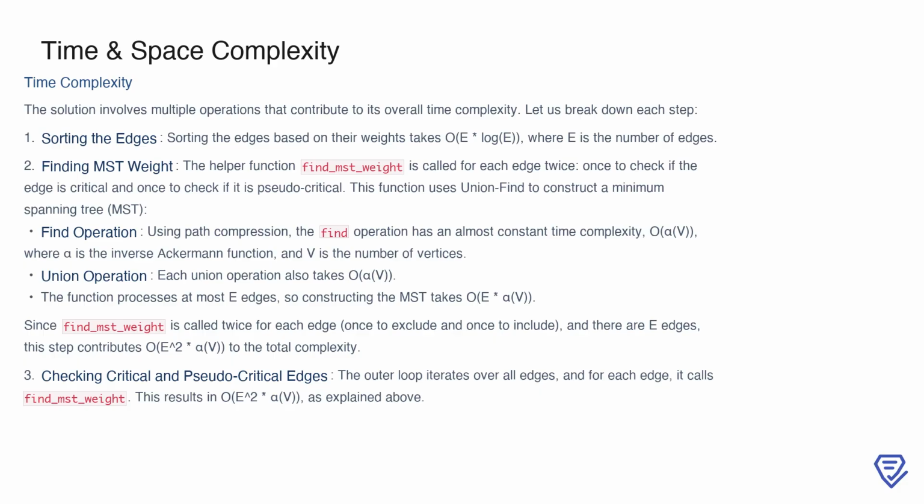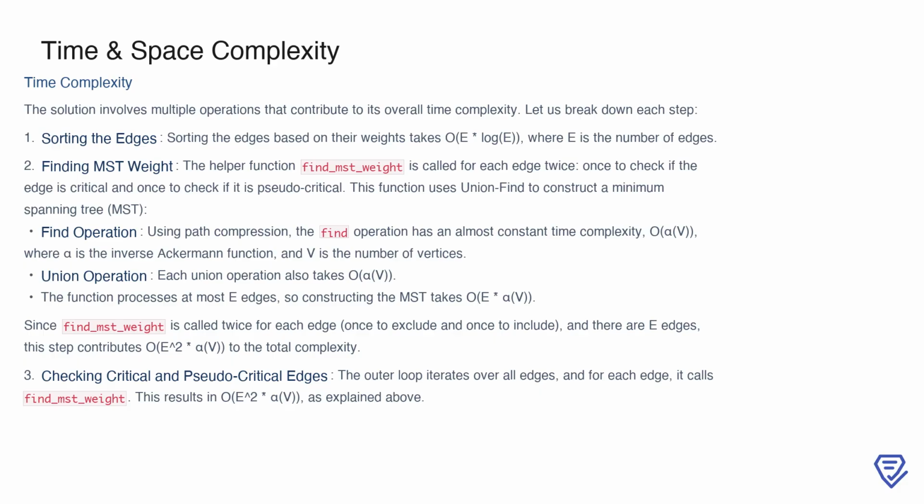To analyze the time complexity of this solution, we start by breaking down the key operations involved. The first step is sorting the edges by their weights. Since sorting has a time complexity of O(E log E), where E is the number of edges, this dominates the initial phase. Then, we focus on constructing the minimum spanning tree, which is achieved using the helper function find_MST_weight.